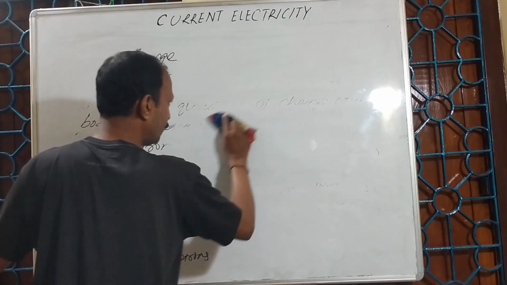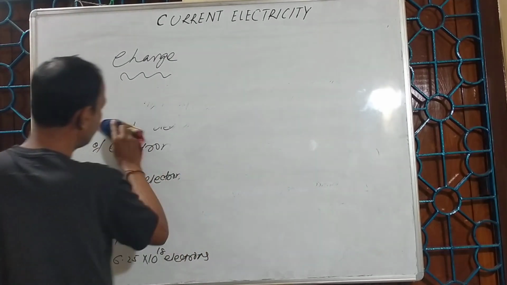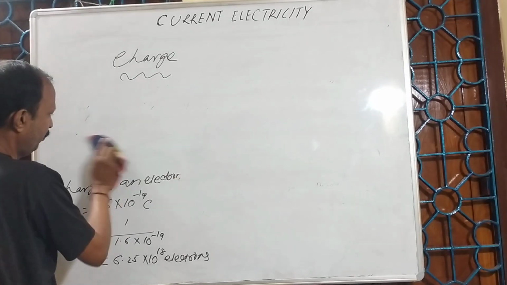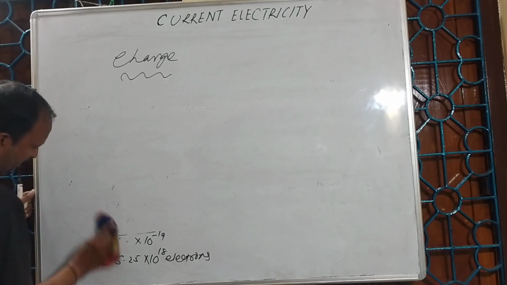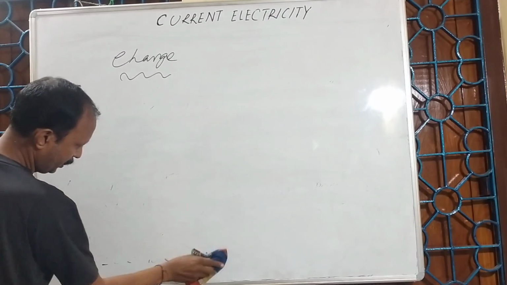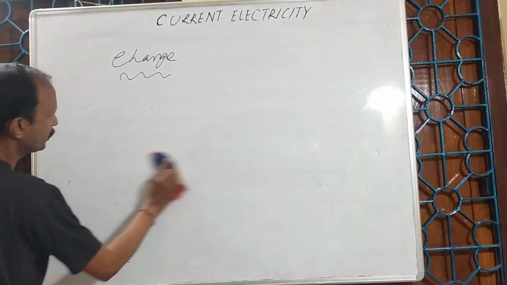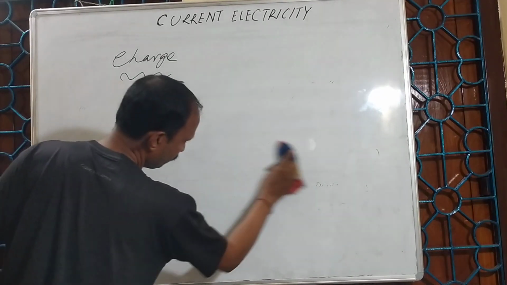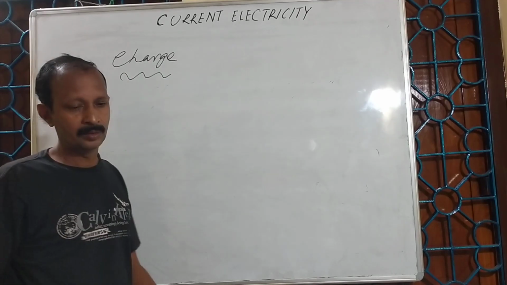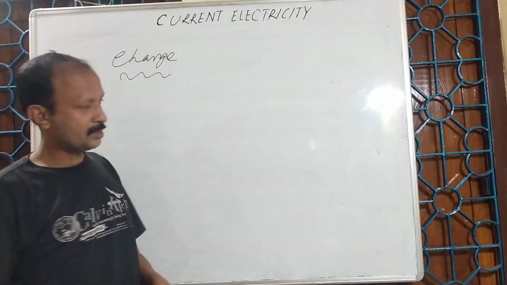But positive or negative depends upon either a deficit or excess of electrons. If there is a deficit, it is positive. If there is an excess, it is negative.